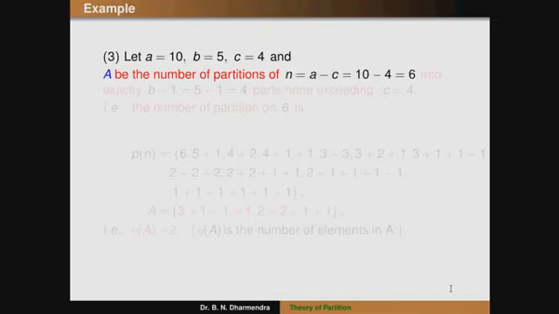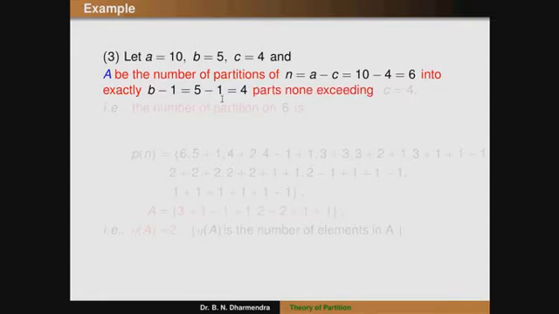What is n? n is a minus c, that is 10 minus 4 is equal to 6 parts. You can observe that n is equal to 6 into b minus 1, that is b minus 1 means 5 minus 1, that is 4 parts.